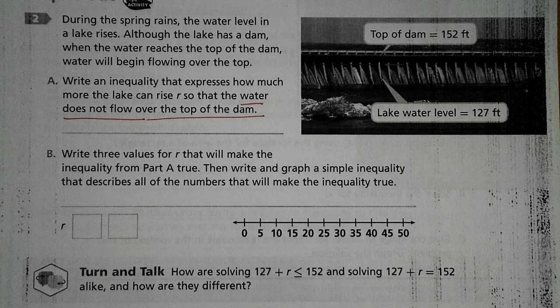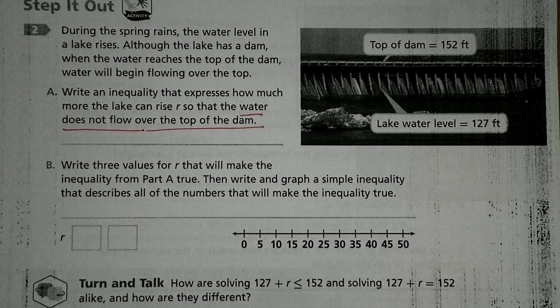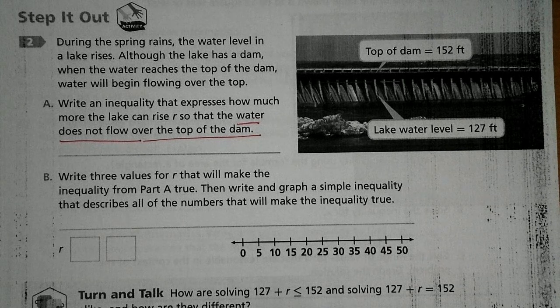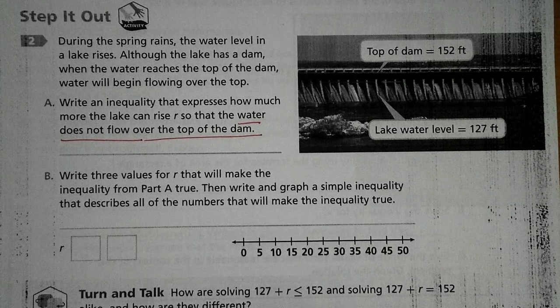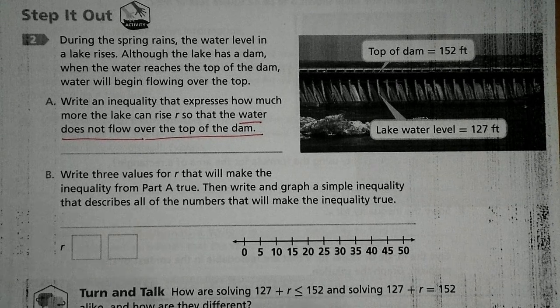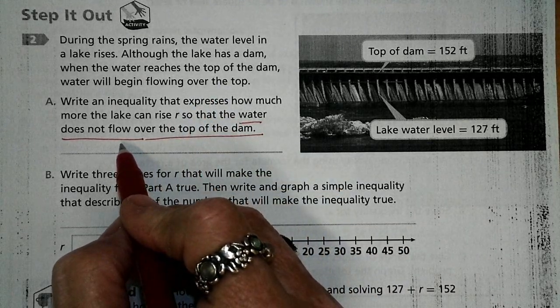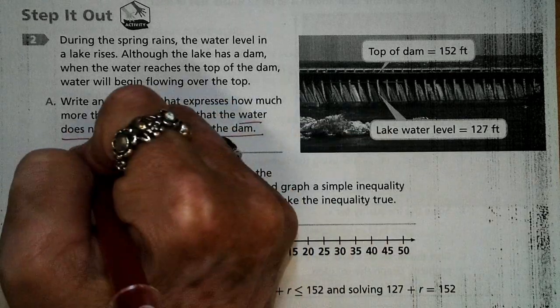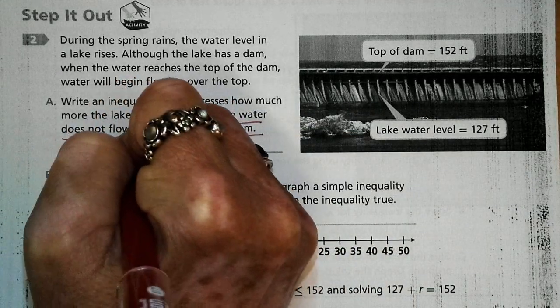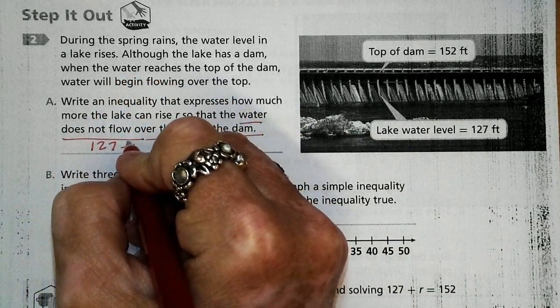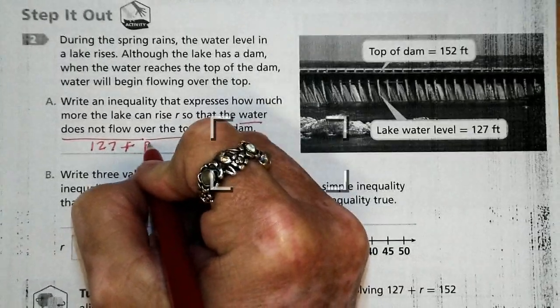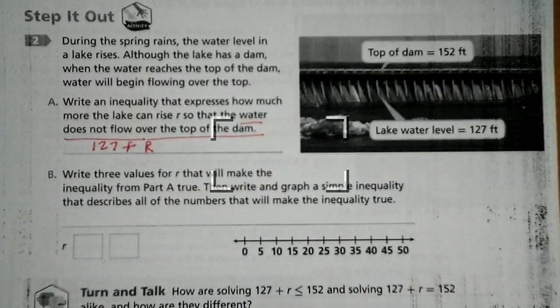So that means the inequality that we are going to write is going to be less than. We're at 127. I need to add more water, right, for the rise.